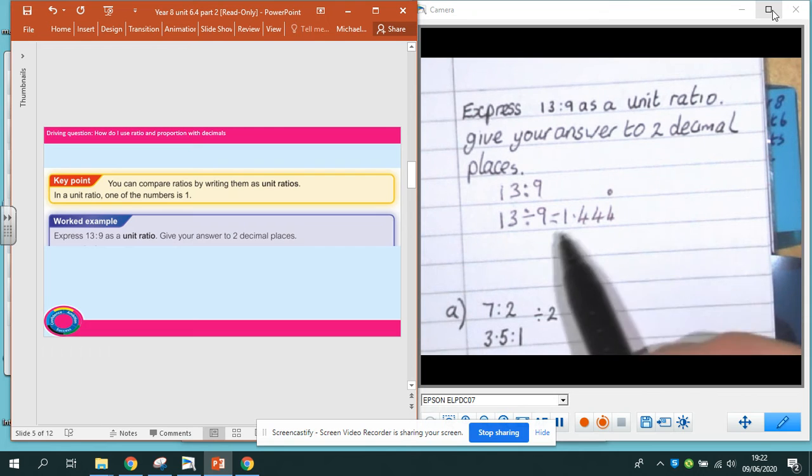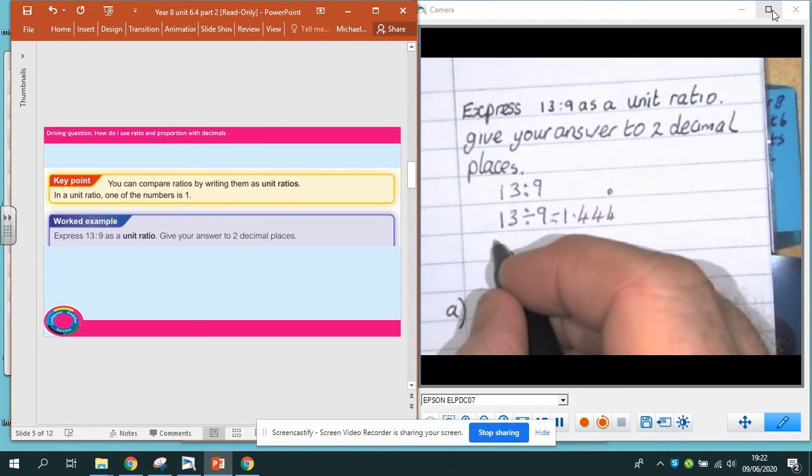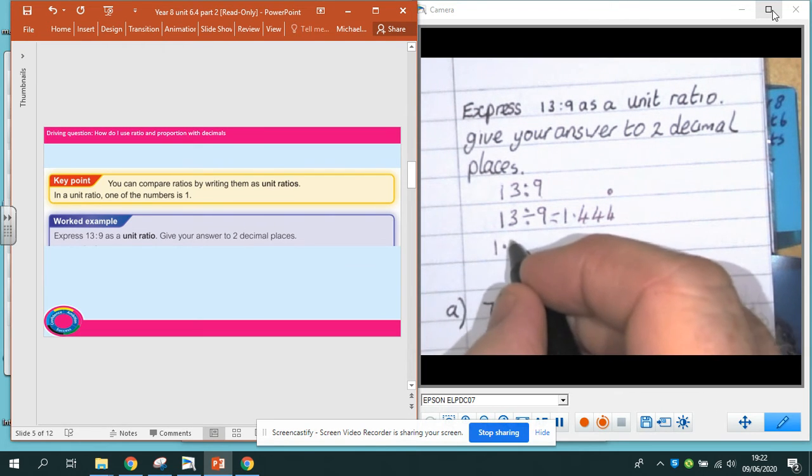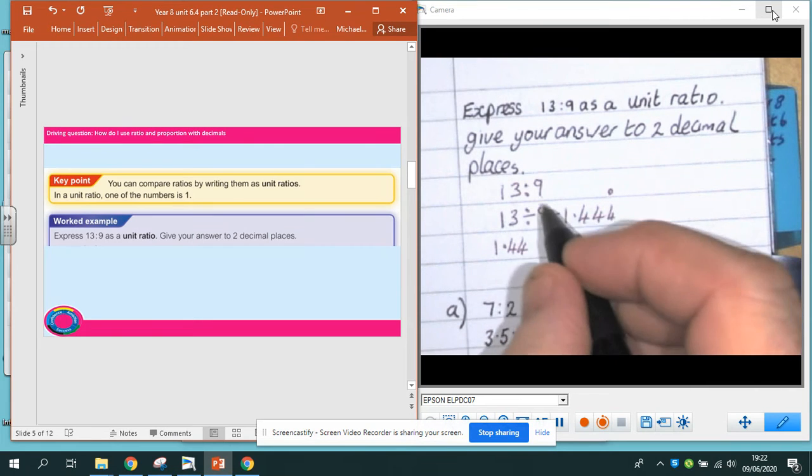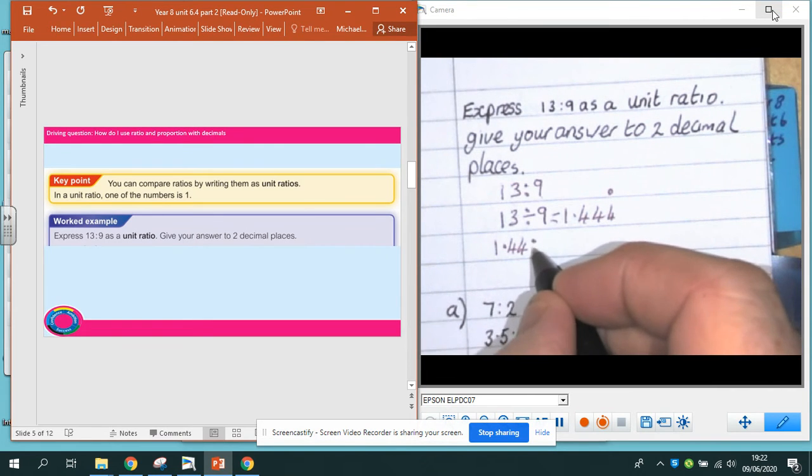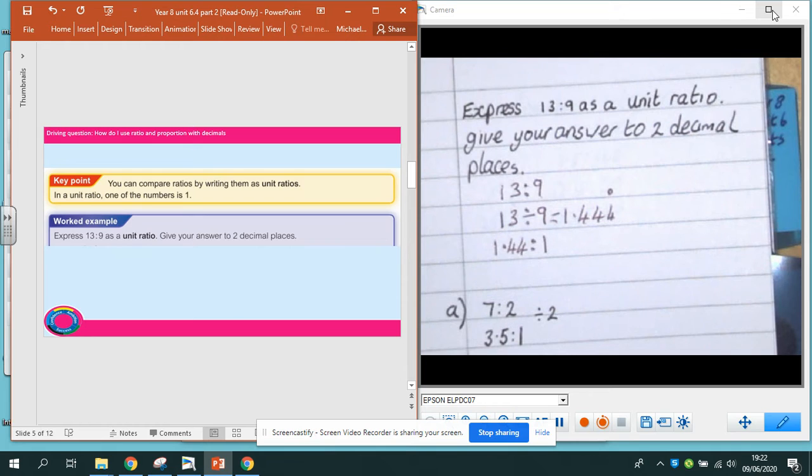So, the 13 I'm going to show as 1.44, and the 9 I'm going to show as 1. So 13 to 9 as a unit ratio is 1.44 to 1. So always to do this, divide the big number by the small number.